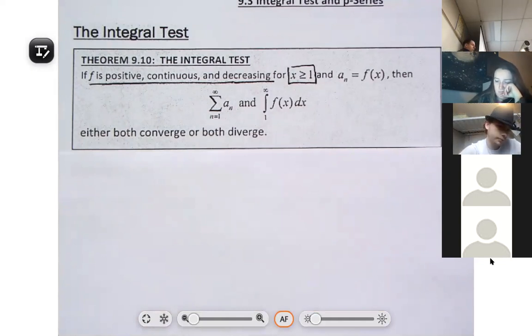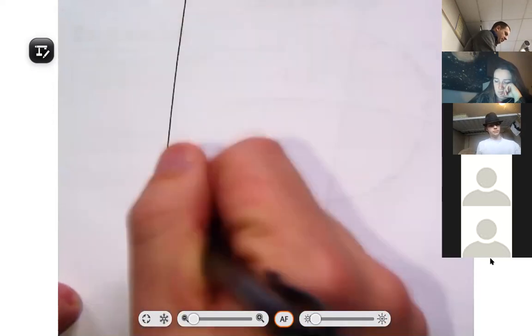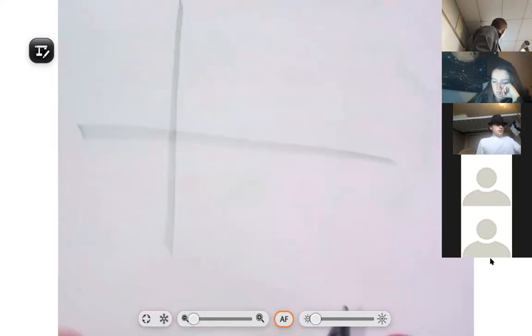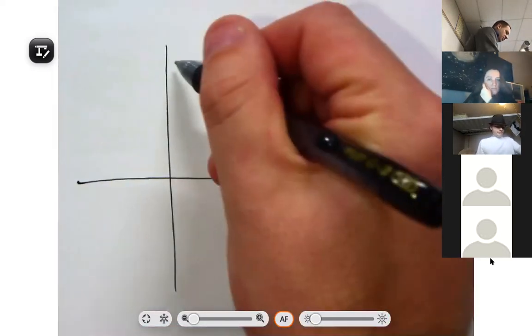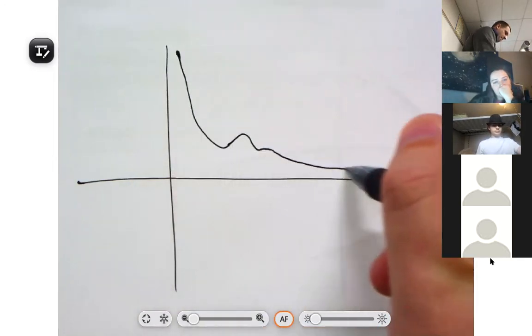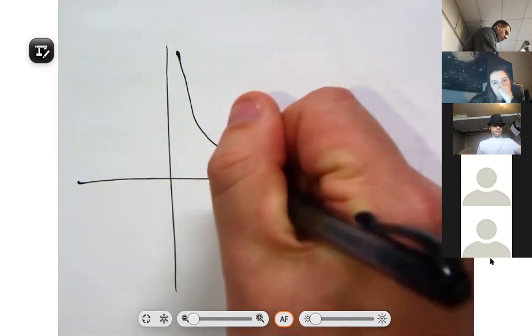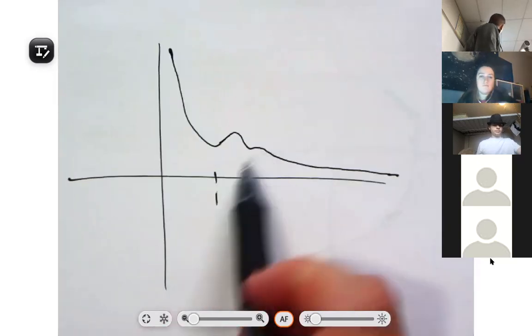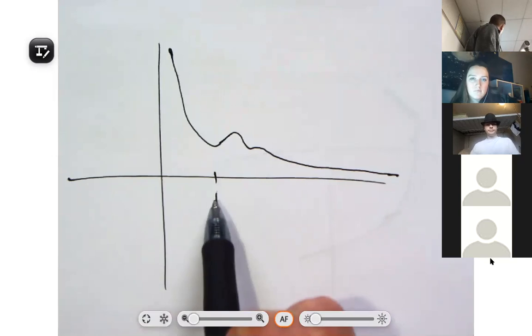So let's say you have some function that looks like this. You don't need to draw this, but this will come up in a future example. Let's say you had some function that looks like this, where this is 1 right here. Well, this function is not decreasing all the time for x greater than or equal to 1, right?